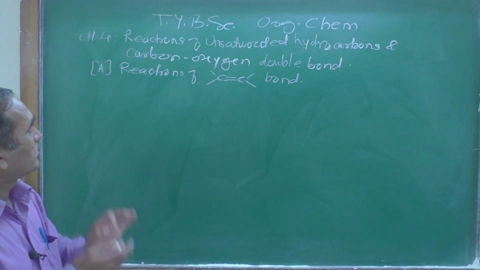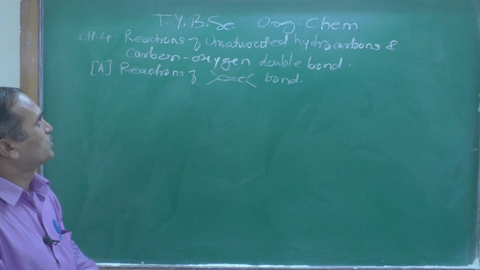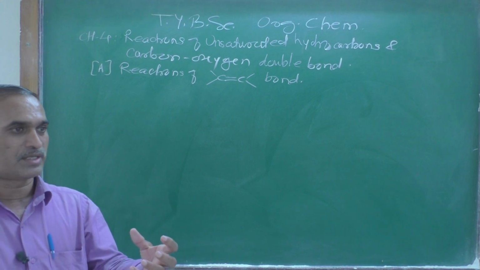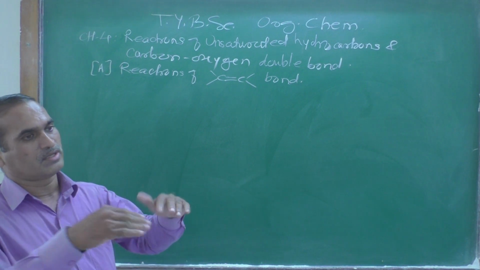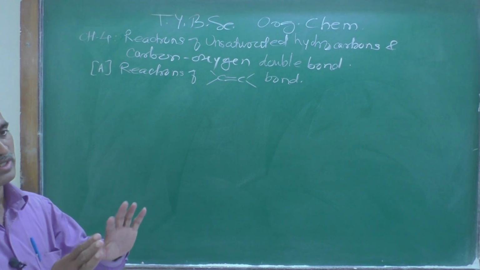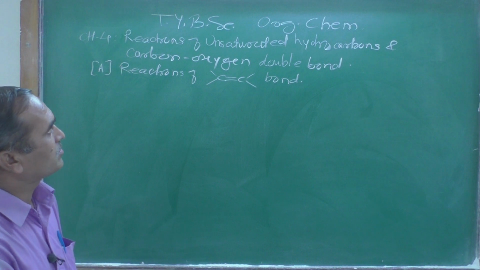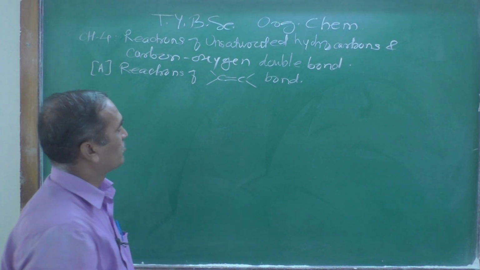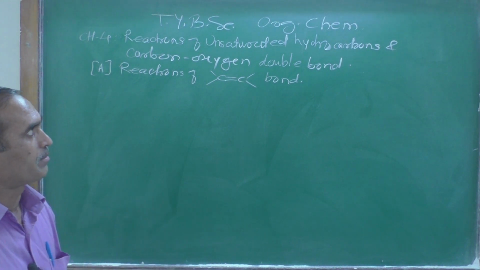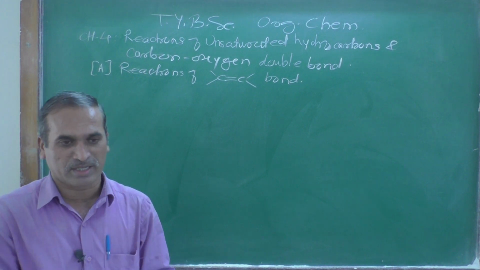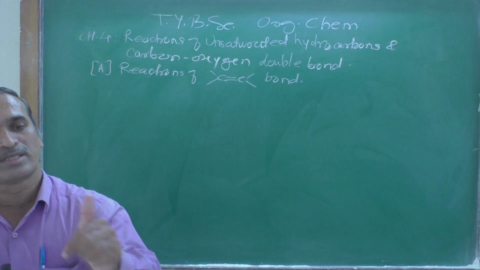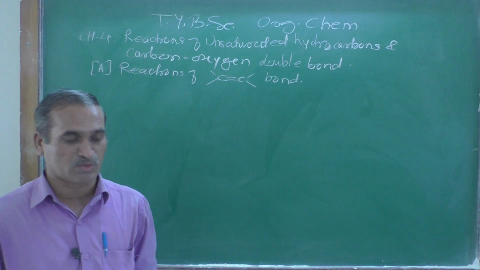Now let us see reaction. As we know, a substrate is treated with some reagent, and there is formation of the product. That type of thing we know as a reaction. Now let us look at the words. Here is unsaturated. What do you mean by unsaturation?